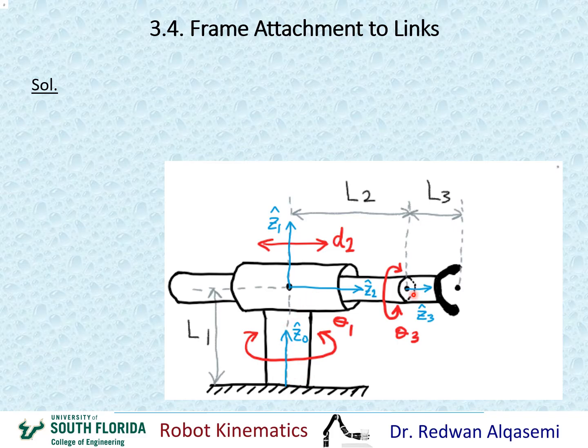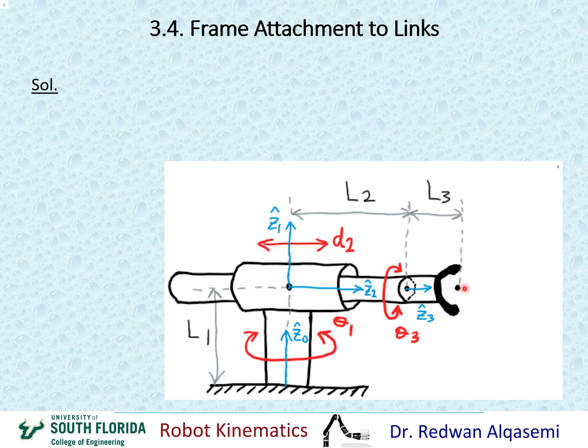And then for Z4, again, we can do it arbitrarily, just like Z0, but it's always a good idea to do it from or intersecting with the end effector point, and at the same time make the Z the same direction as the previous Z, so that we can eliminate the twist angle.